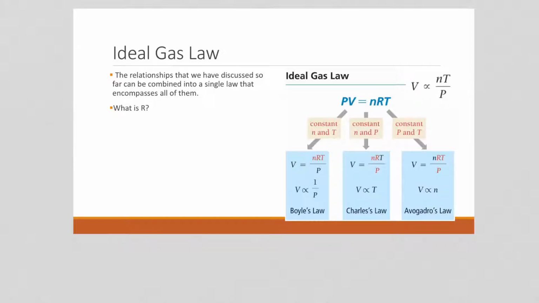In today's class, I want to focus on what's called the ideal gas law. This is an equation that we can use to understand gas behavior by combining the three simple relationships that we just looked at. Volume is inversely proportional to pressure, directly proportional to temperature (Charles' law), and directly proportional to moles (Avogadro's law).